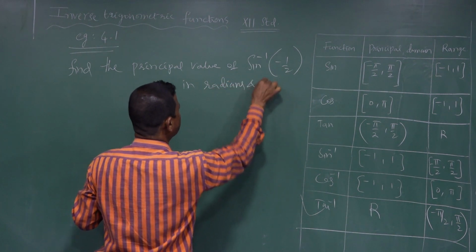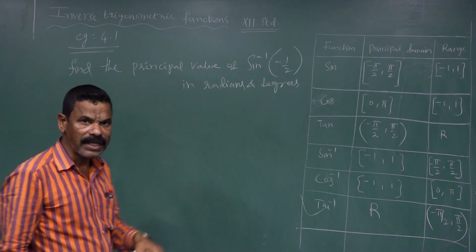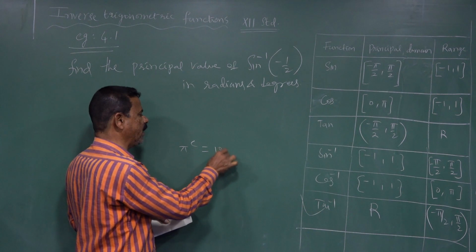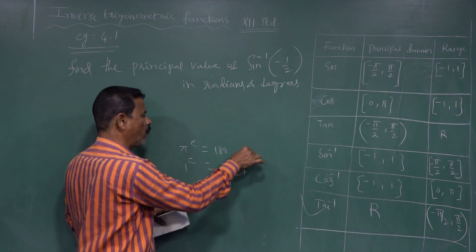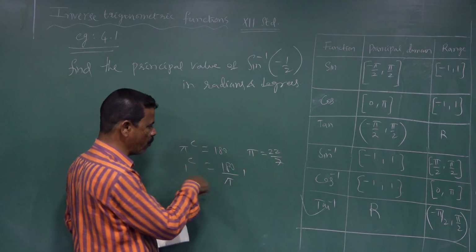Both are asked. You already know π radians is equal to 180 degrees, so 1 radian is equal to 180 by π. Here π means the value 22 by 7. Substitute these values.